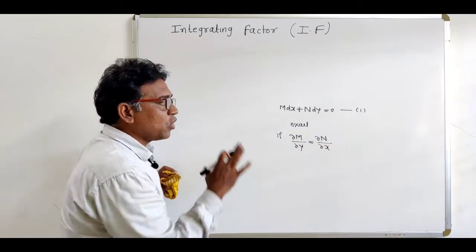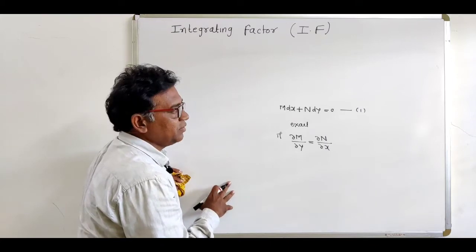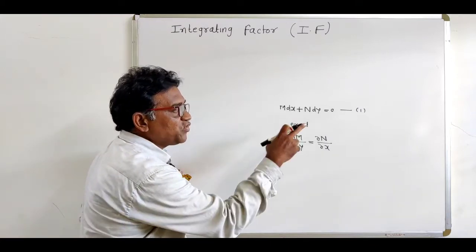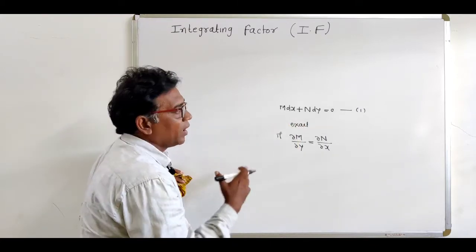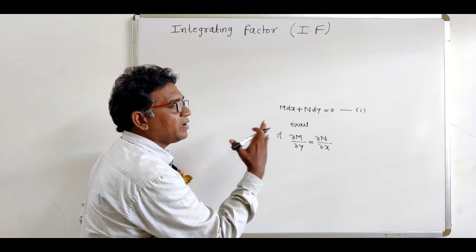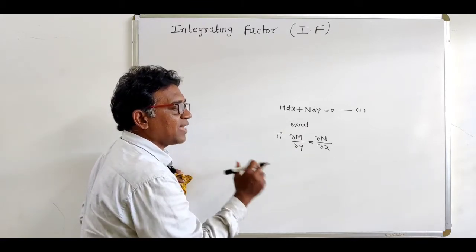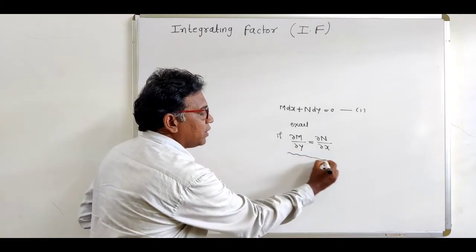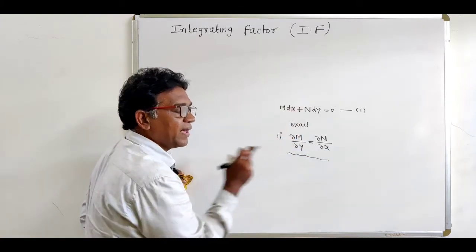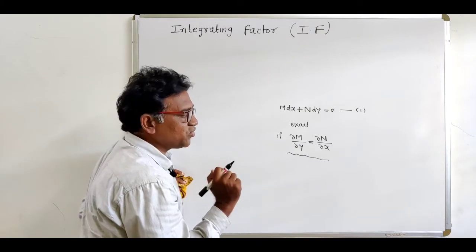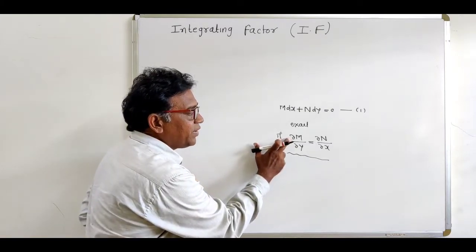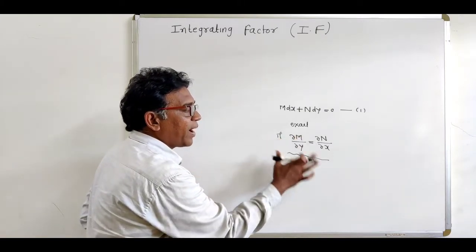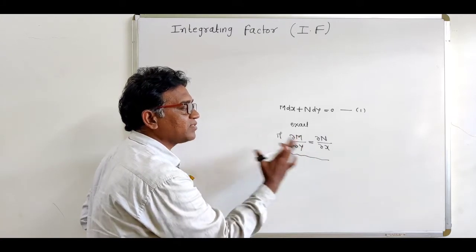See, what is the definition of exact differential equation? A differential equation of the form M dx plus N dy equal to 0 is said to be exact if this is the condition. What is that condition? The partial derivative del M by del y and the partial derivative del N by del x are equal.